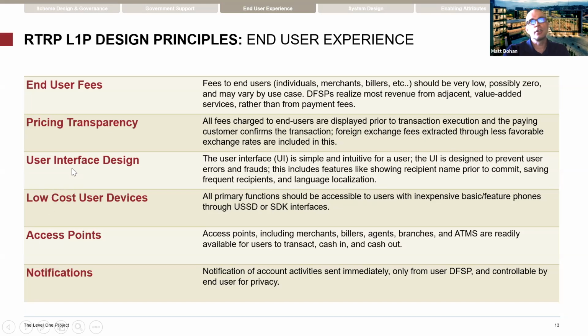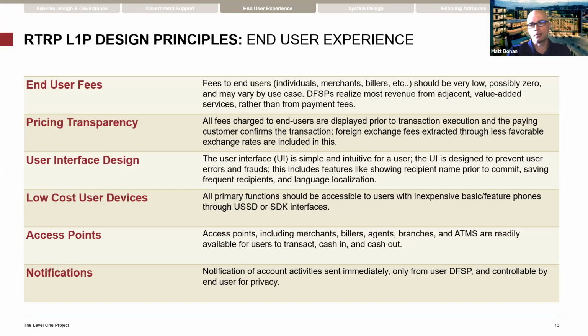The user interface should be simple and intuitive, and be designed to prevent user errors and to prevent fraud. We think an important feature is things like showing the name of the person I'm sending money to prior to me committing the transaction.